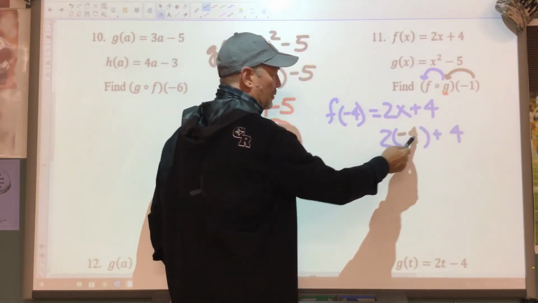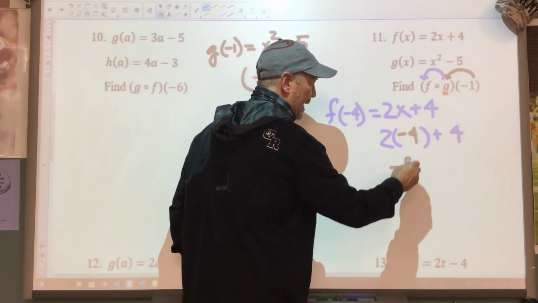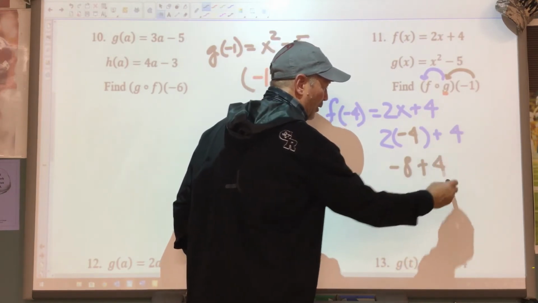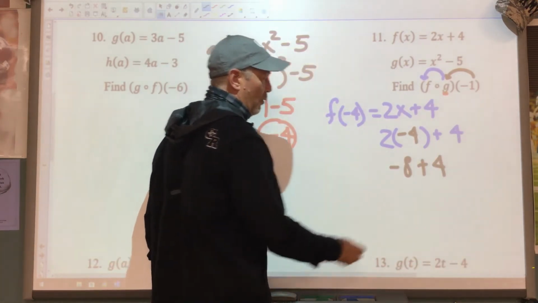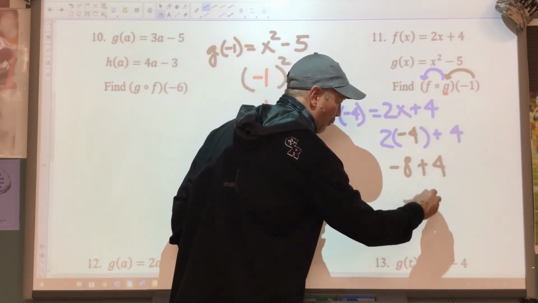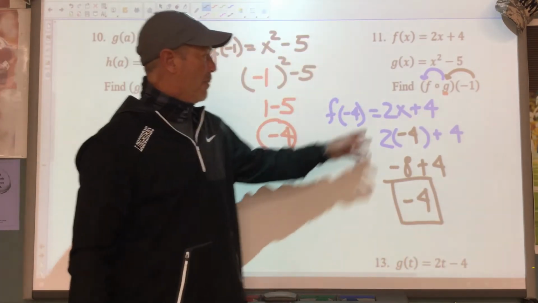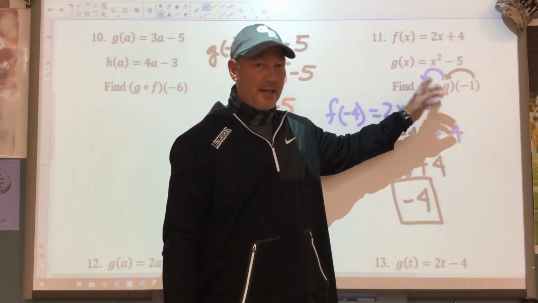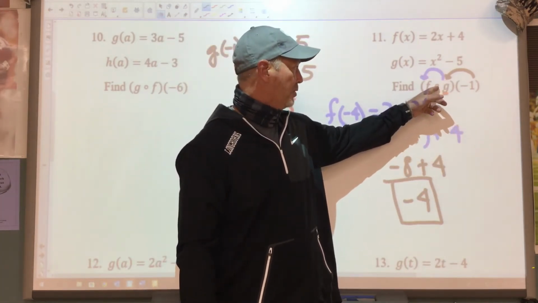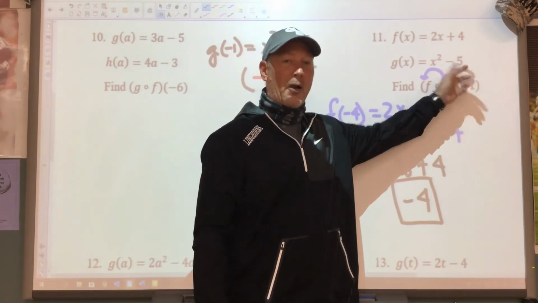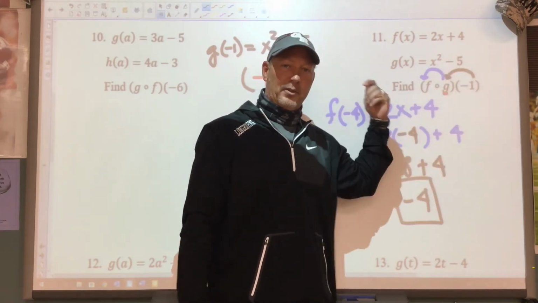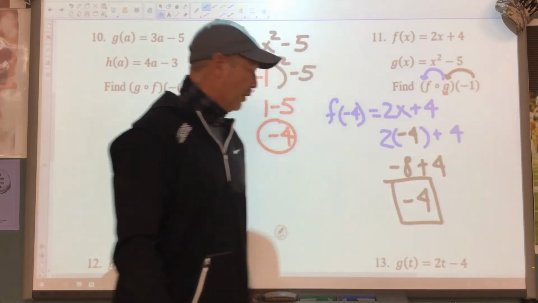And 2 times -4 is a -8 plus 4. -8 plus 4 is going to leave us with a -4 as our final answer. Remember, when you have this open circle, it's not multiplication, it's a composition, and we're going to work backwards. We're going to work right to left. Okay? Let's go to number 13.